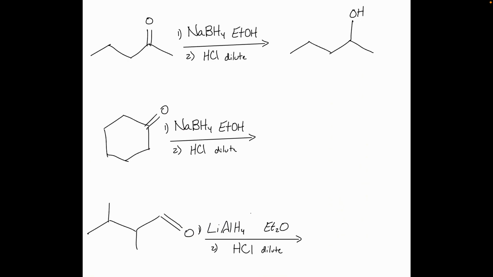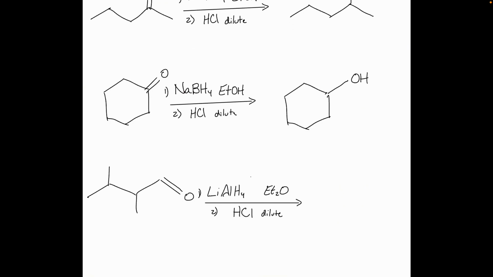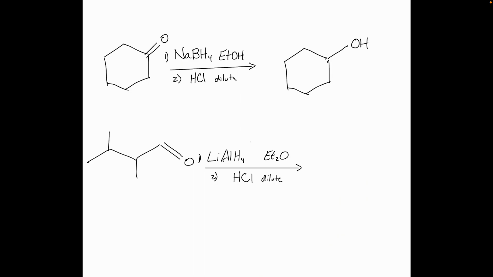All right, so we're going to turn our ketone into just a carbon-oxygen single bond. All right, same number of carbons, still got that six-membered ring. Same cyclohexa, yeah, go from cyclohexanone to cyclohexanol.